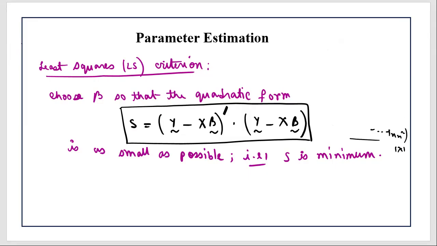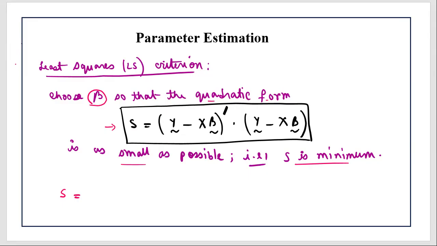When we solve questions, we will take particular values of this form and see what happens. As of now, please understand that this is nothing but the residual sum of square written in this quadratic form. So we want to choose that beta which will minimize this quadratic form so that S is minimized, right?